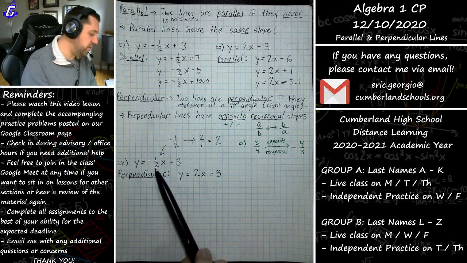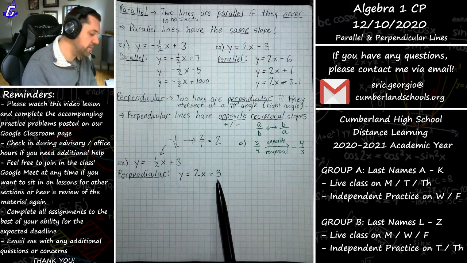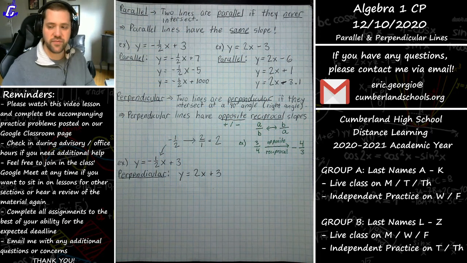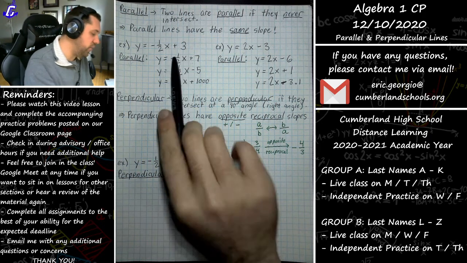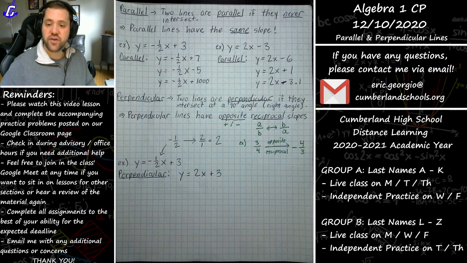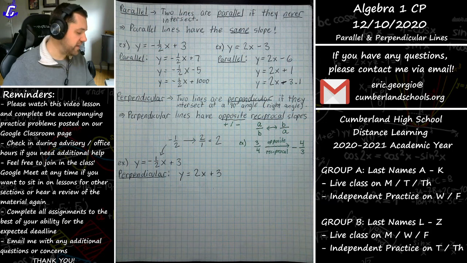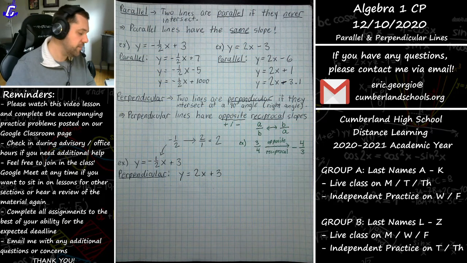The slope is the only thing that changes here, and the y-intercept stays the same. That's totally fine. We will be doing examples in a little bit, though, that have you find, in particular, what's the y-intercept. But for now, if the only instructions were to write a line that's perpendicular to this, all you have to do is change that slope, and the y-intercept if you want to, but you don't have to.